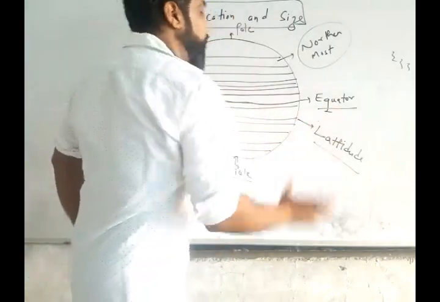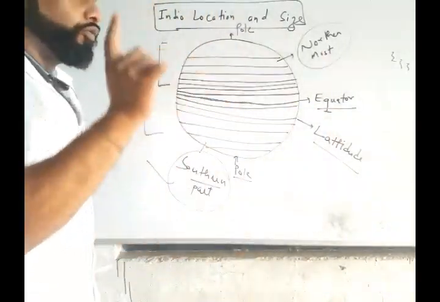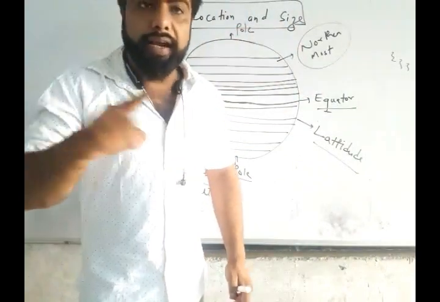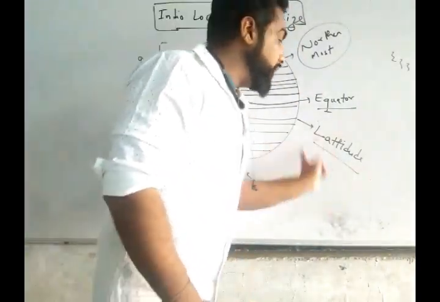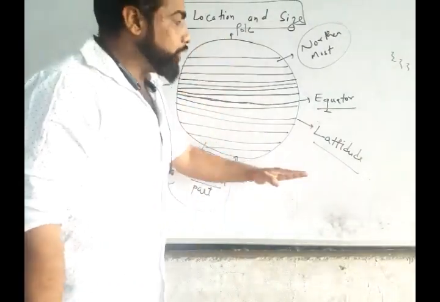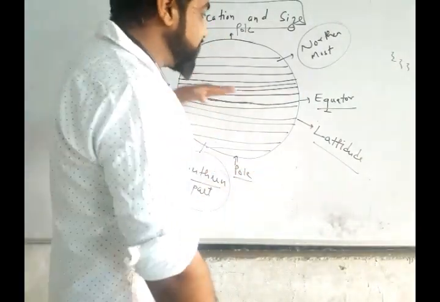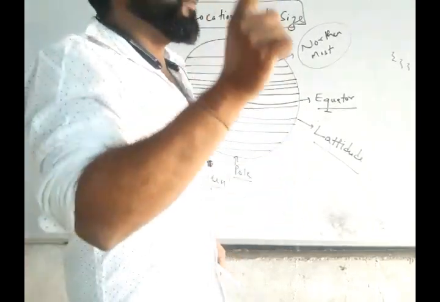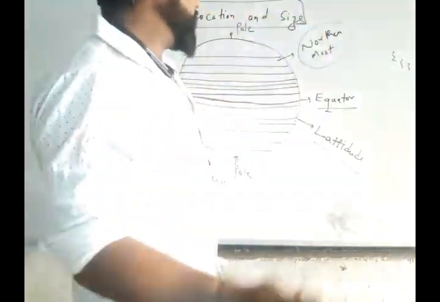So these are very important lines, latitude, क्योंकि when you read your NCERT line to line, then you get the word latitude. So this latitude is very important. Latitudes are the horizontal lines which give the position of the person.